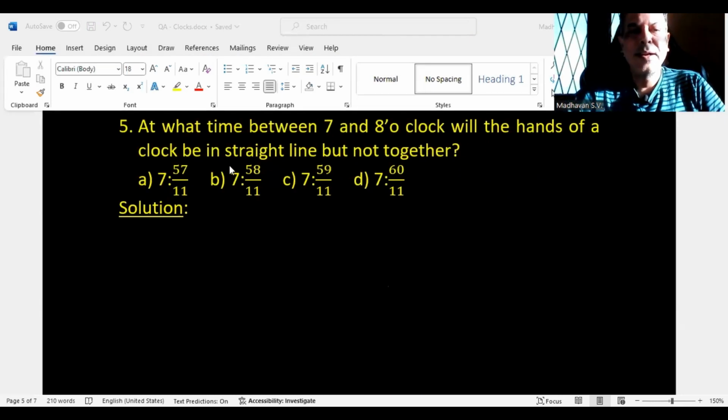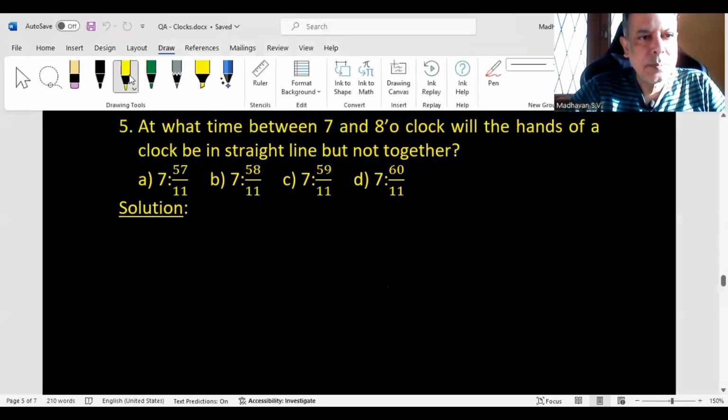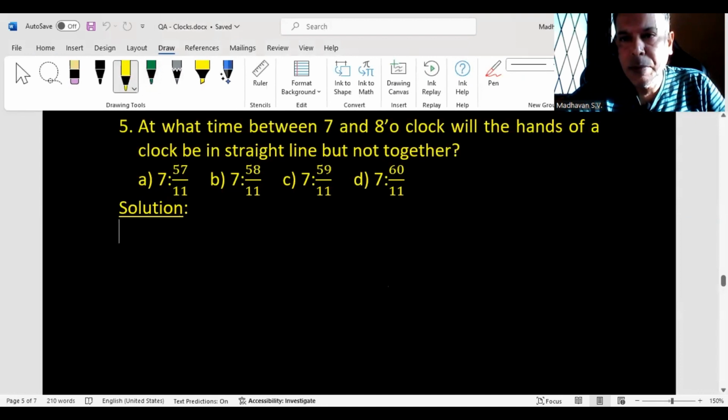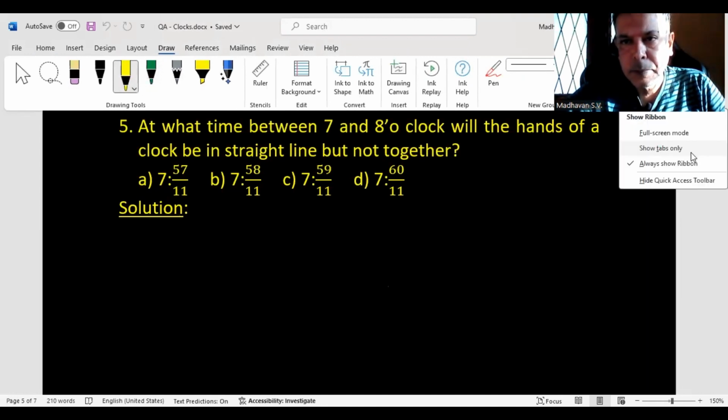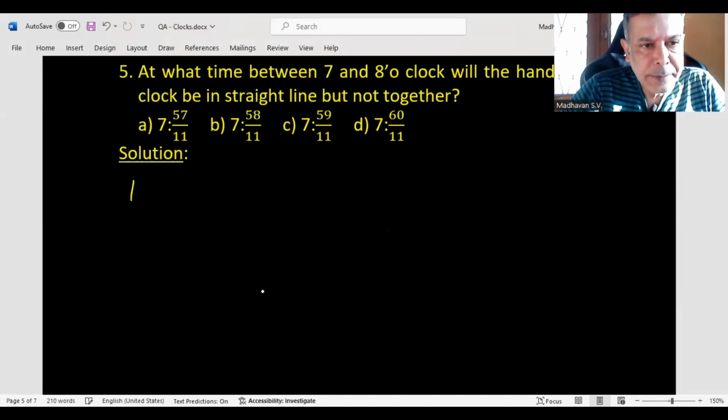Question 5. At what time between 7 and 8 o'clock will the hands of a clock be in a straight line but not together? Straight line but not together means the angle will become 180 degrees.